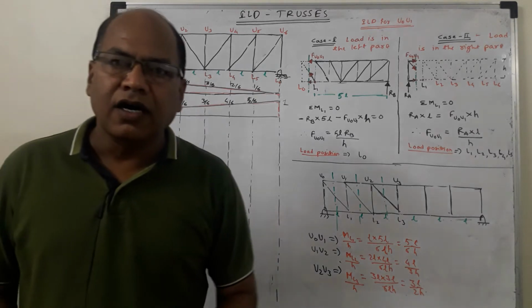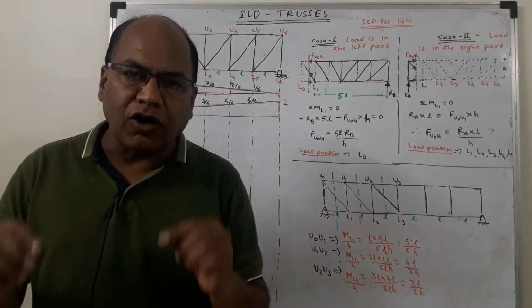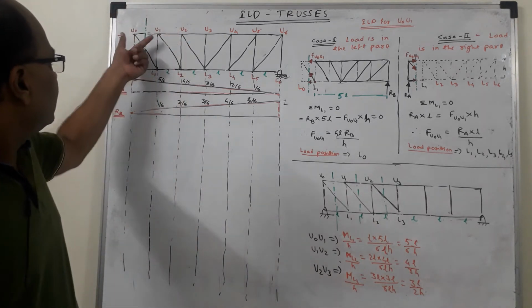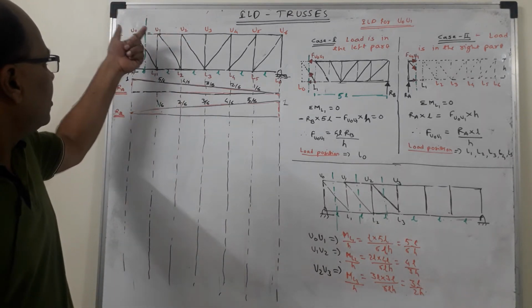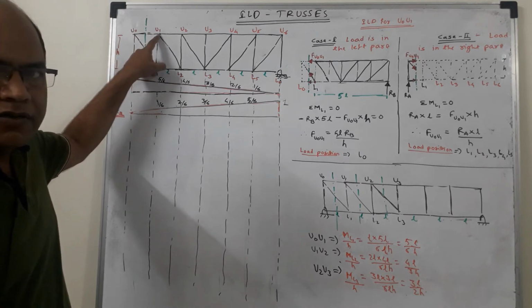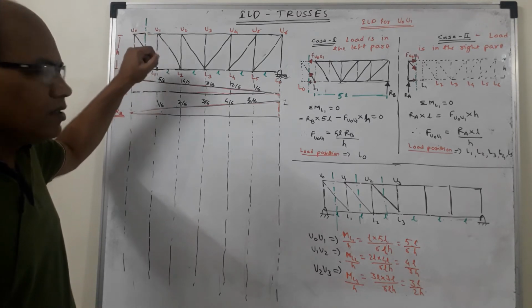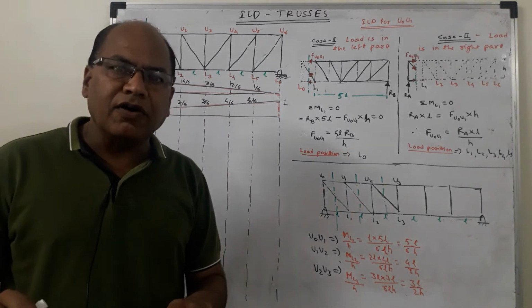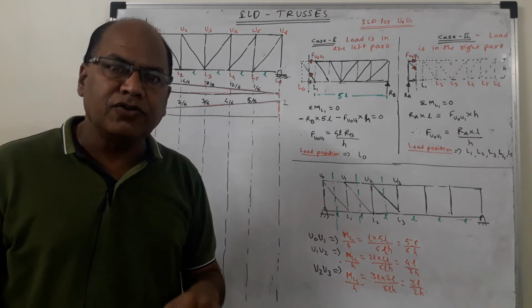Let us see how the ILD for the top chord horizontal members is to be drawn. Now I am considering U0, U1, and let us consider that the ILD for U0, U1 is to be drawn. Which means the ILD for the force in this member U0, U1.